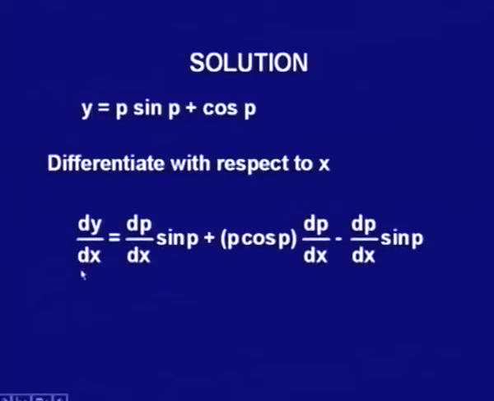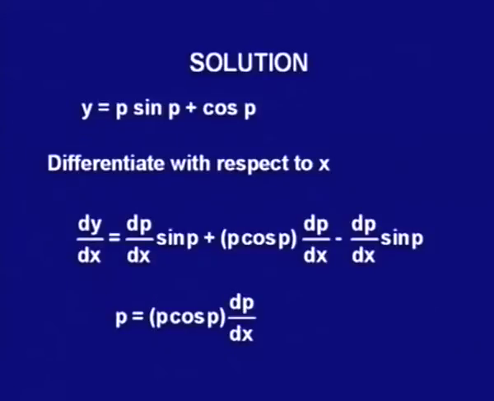dy over dx is equal to, now here dp by dx sin p plus p, and the derivative of sin p is cosine p, and then p as dp by dx. Similarly, for the second part it would be sin p and dp by dx. What we are getting is, again we would write dy over dx as p.